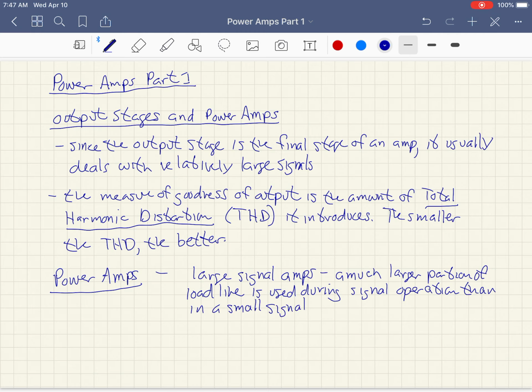We'll talk more about what this means as we get into this chapter a little more.